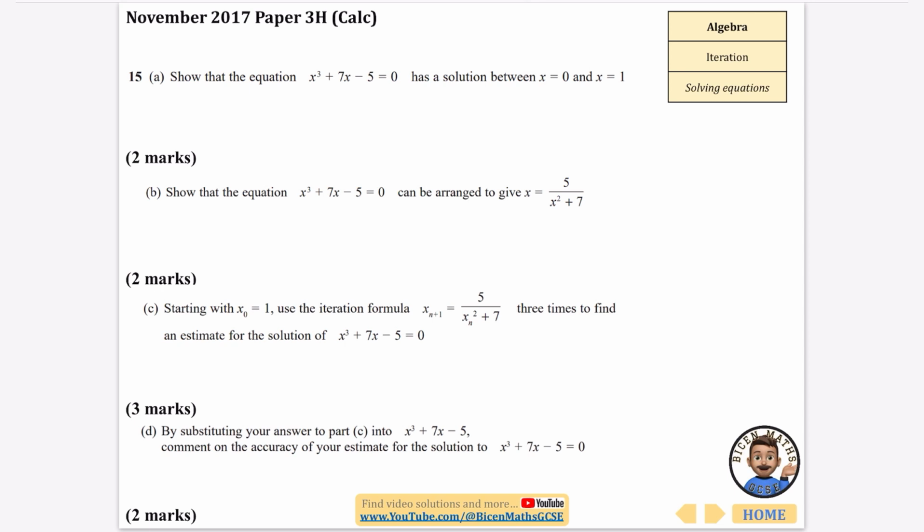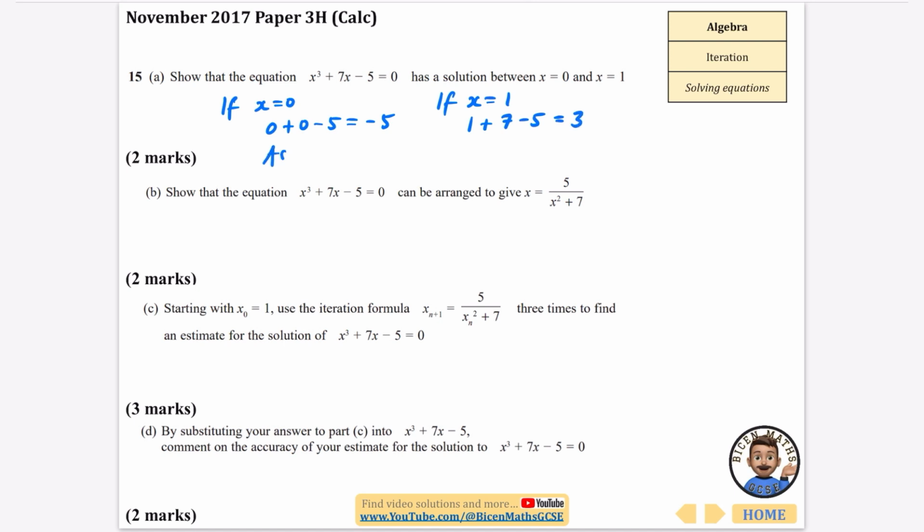So it says, show that the equation x cubed plus 7x minus 5 equals 0 has a solution between x equals 0 and x equals 1. So if x equals 0, we would get 0 plus 0 minus 5, which is just equal to minus 5. And if x is equal to 1, we would get 1 cubed plus 7 times 1 minus 5, and 8 minus 5 is 3.